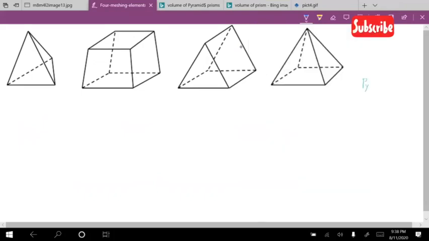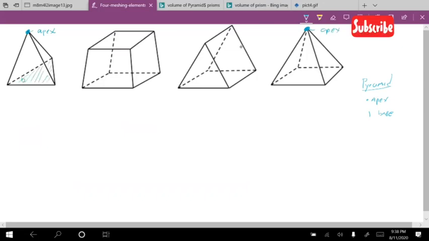A pyramid has an apex and one base. So see which of these have an apex. We can see an apex right here, and another apex right here. The apex is directly opposite the base.